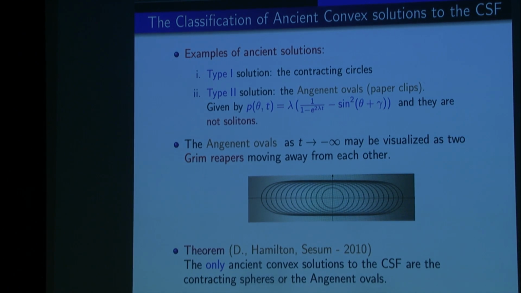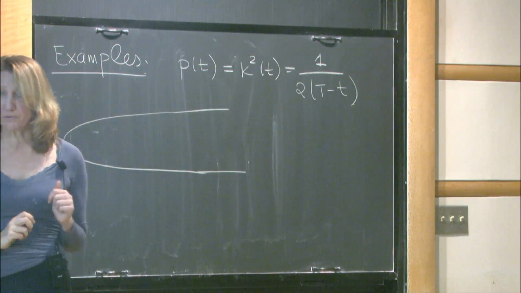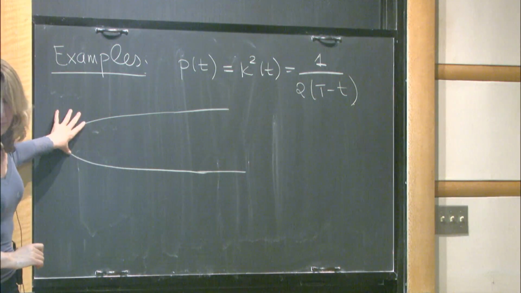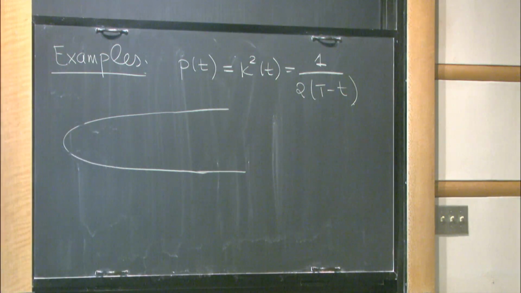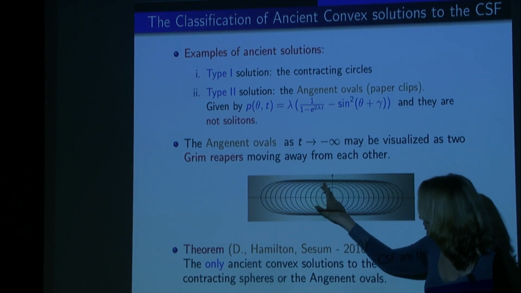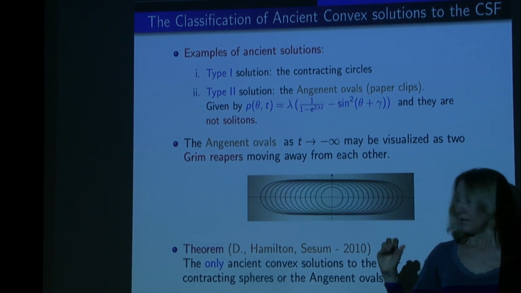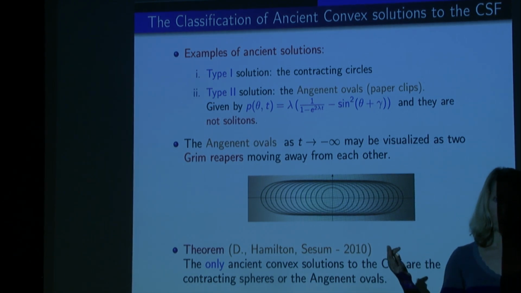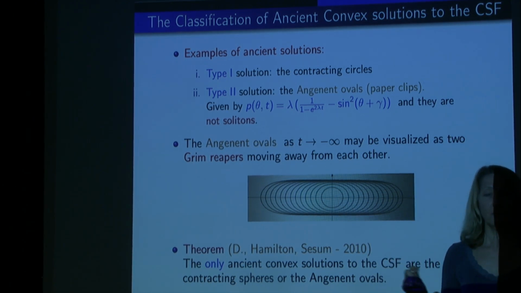There exists a solution which looks exactly like that, the so-called Grim Reaper solution, a translating, non-compact solution, all right? But we're talking about compact solutions, which look more or less like one Grim Reaper and another Grim Reaper glued together. That's the picture close to minus infinity. As you go forward, it changes, of course. These guys move inwards.